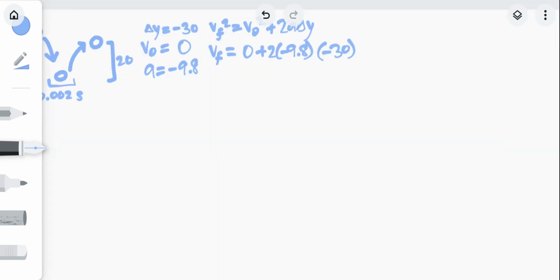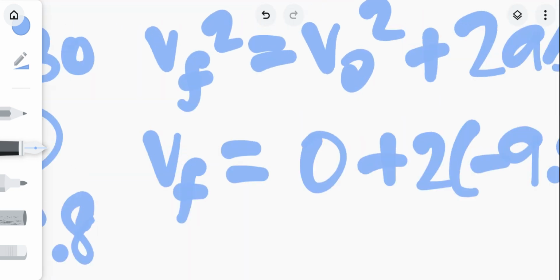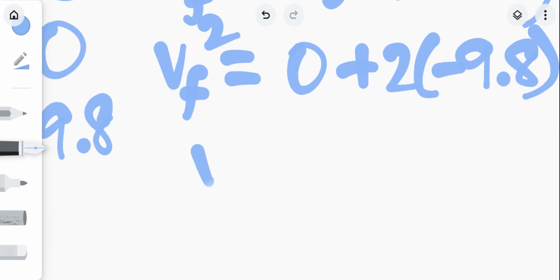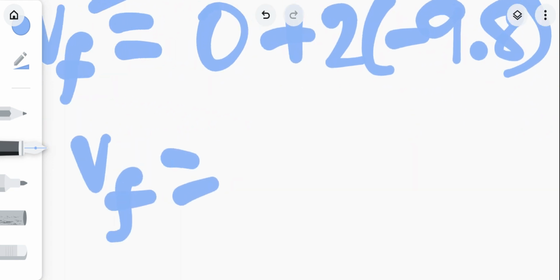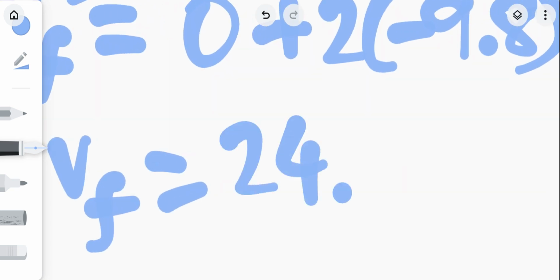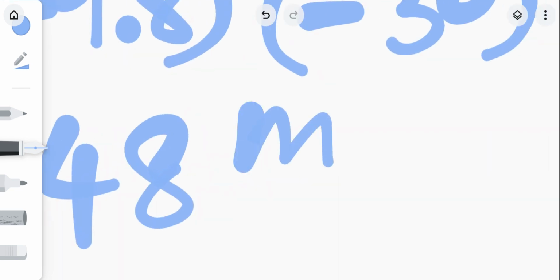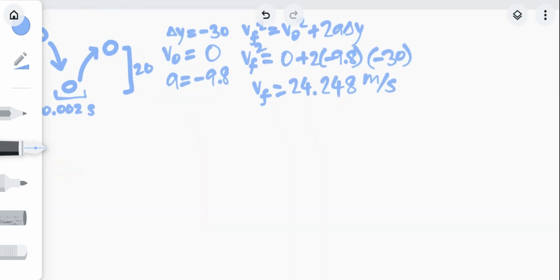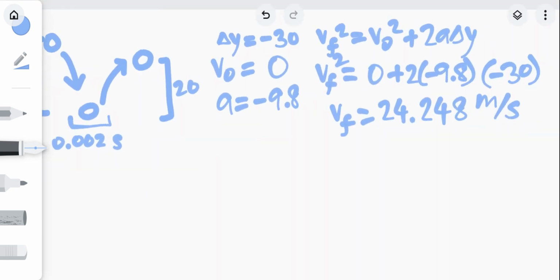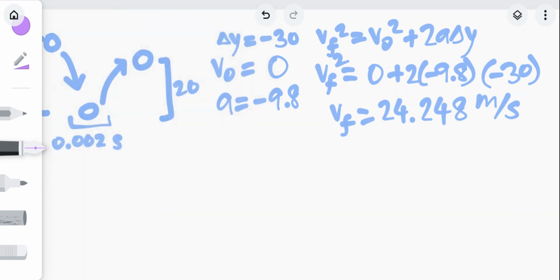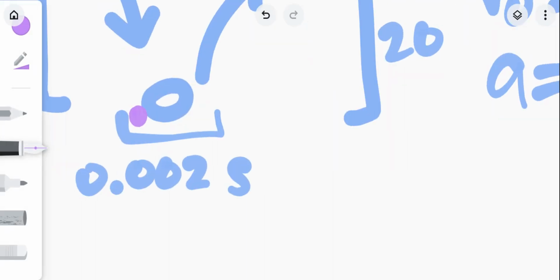Now we can put that into our calculator. I meant squared here. That gives us 24.248, and units always meters per second. This right here is the velocity of when it hits the ground.